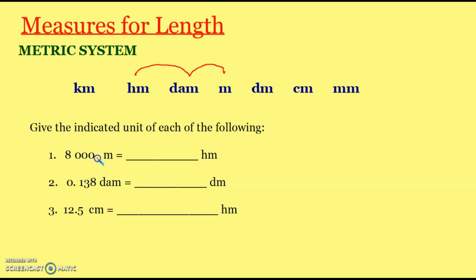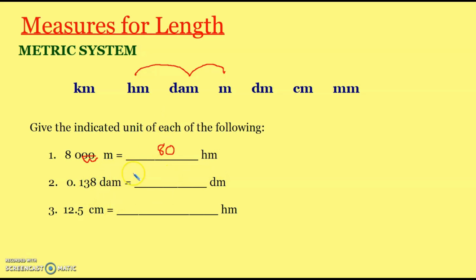So we move the decimal point 2 places to the left. 1, 2. And moving the decimal point 2 places to the left, the 2 zeros here will be omitted, and what's left is just 80. And that's it. There you have 8,000 meters is equivalent to 80 hectometers.